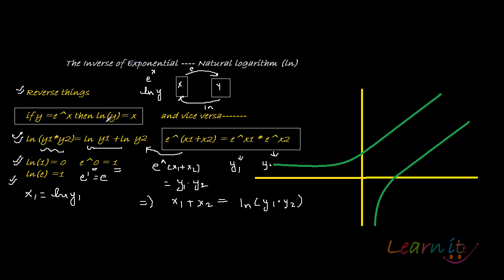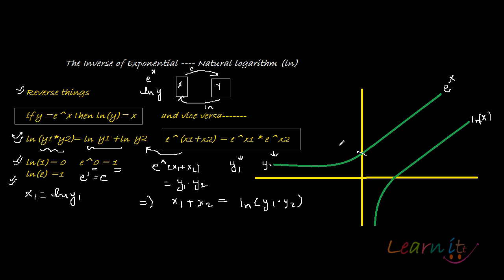Now, when we are saying they are inverse of each other, graphically, what do we mean? Graphically, we mean that if my exponential function goes like this, the mirror image of it will be my ln x. The mirror image will be my ln x, and that's what it is out here. You can see it's an absolute mirror image of ln x. So, what is happening here?